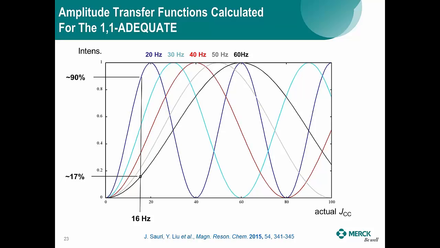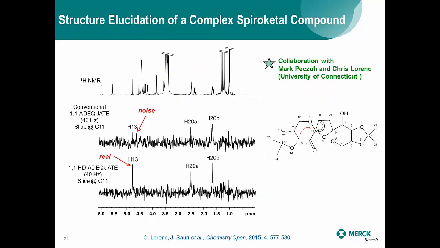The first time we saw something like that was when we were working in collaboration with Merck and Chris Loren from the University of Connecticut with this spiroketal compound. This compound was very tricky because of the high symmetry.